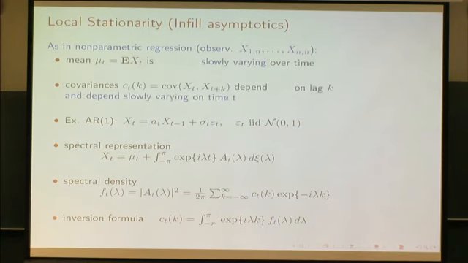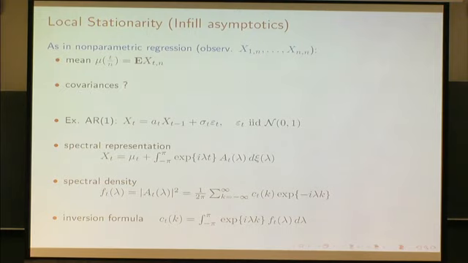Now let's go to local stationarity. The mean may become rescaled if we look at a mean in addition. The question is very difficult: when we have a time-varying covariance of lag k, which depends on t as well, how to rescale this covariance function. So we skip this for the moment. For the AR case, we have already seen it: we rescale these two curves here.